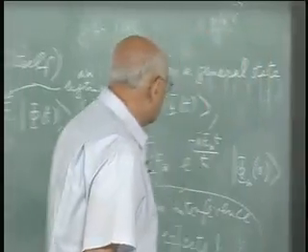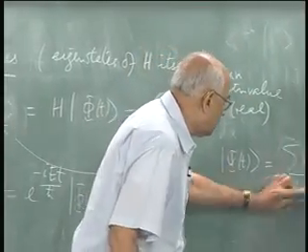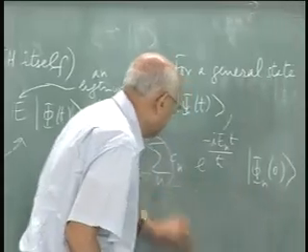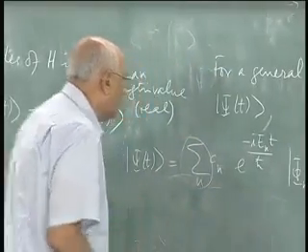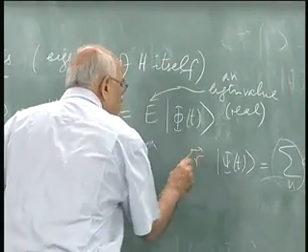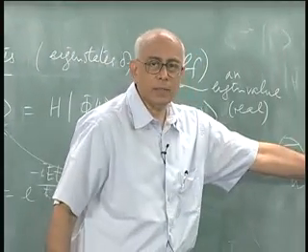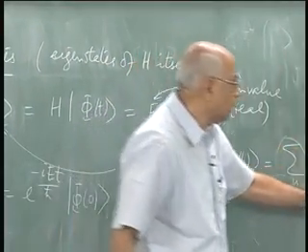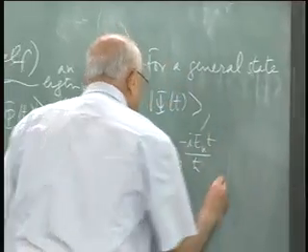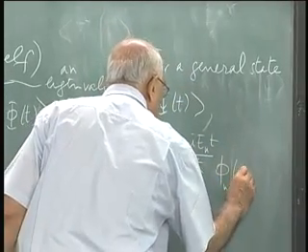And of course this expansion that I have written down here, if I now work in the position basis and I do an r here that goes right across and hits this guy here, so this becomes phi n of r.